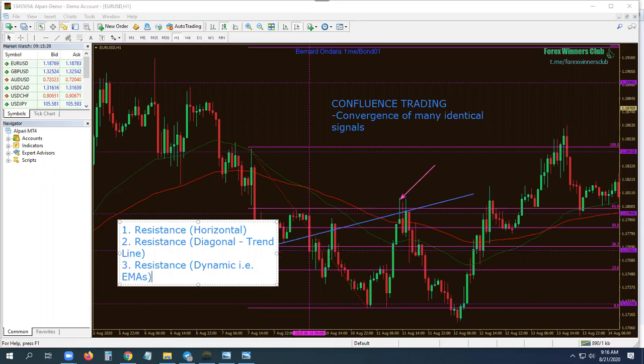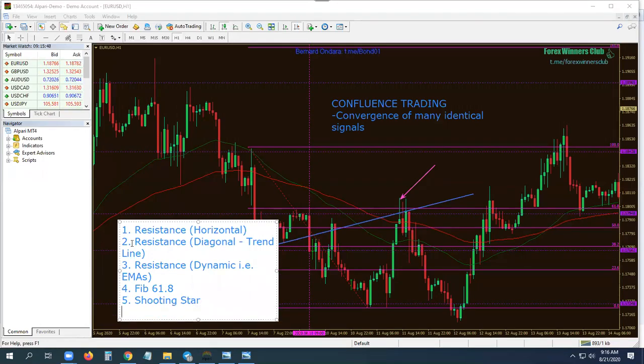EMAs, because price is trying to break the EMAs. We have number four, Fibonacci, Fibo 61.8. We have number five, shooting star. Those are 5 things saying sell, sell. Finally, we have the most important, downtrend.